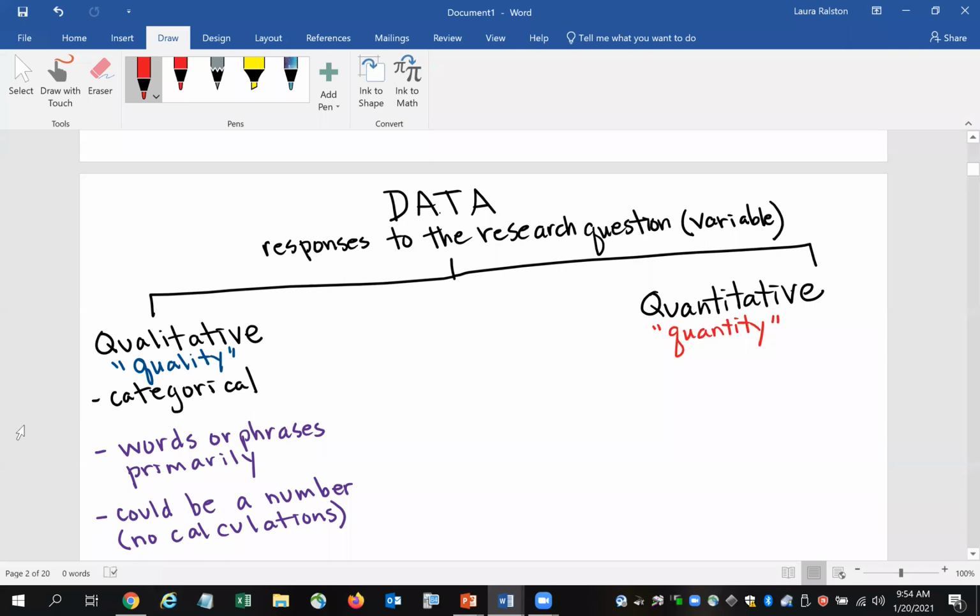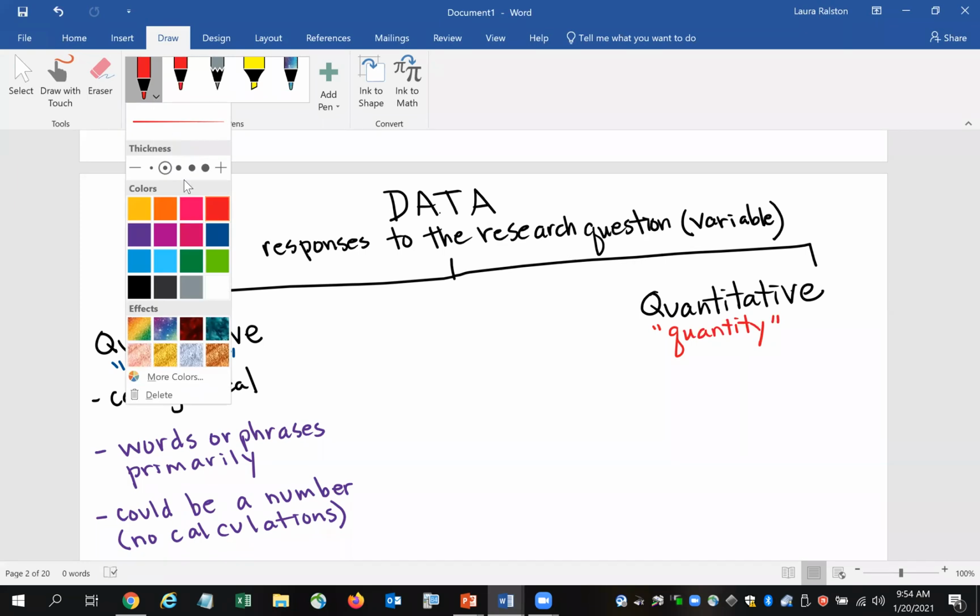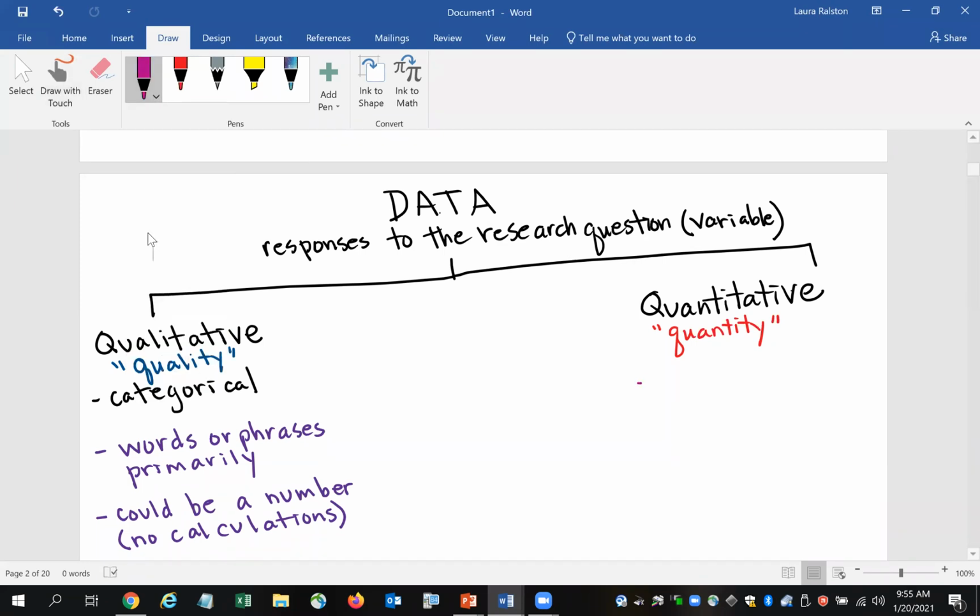So typically, your quantitative data is going to be numbers, and it's numbers associated with either counts or measurements.